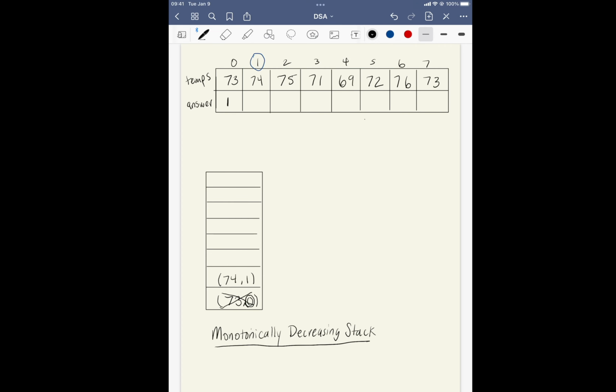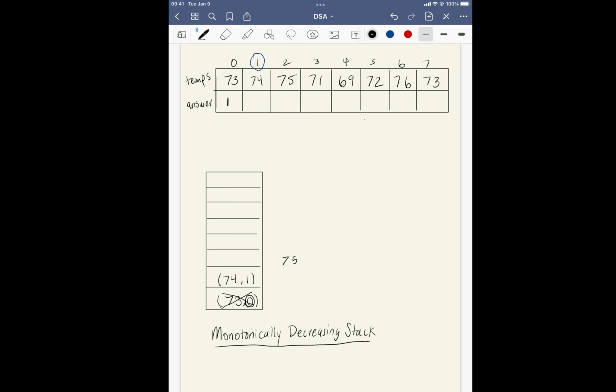Now we move on to 75. Can we put 75 on the stack? No, 75 is greater than what's on the top of our stack, which is 74. So we're going to need to pop. And when we pop, we know that we found a number that is greater than the number that was on the top of our stack.